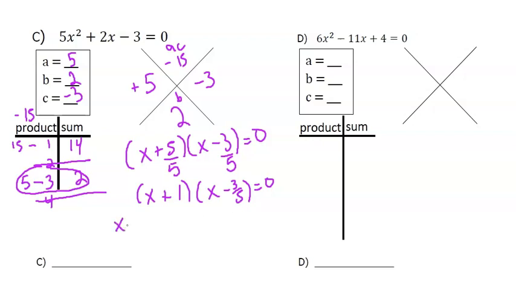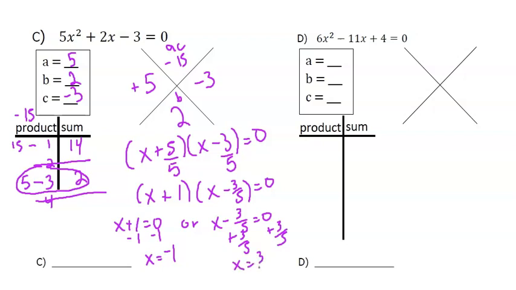We could just go straight to say each of these factors equal to 0 separately. So, subtract 1, x equals -1, add 3/5, x equals 3/5. So our two solutions are -1 and 3/5.